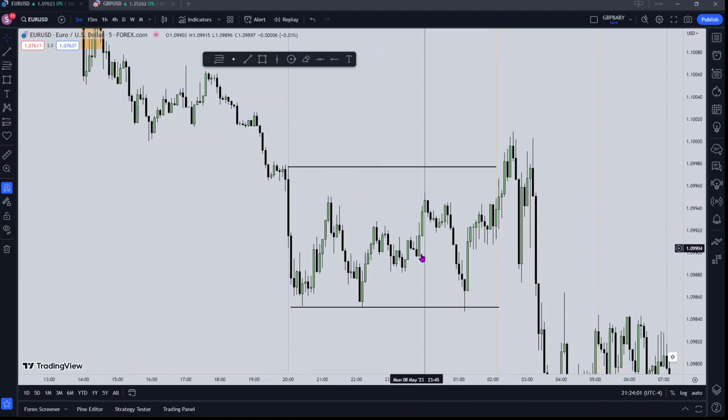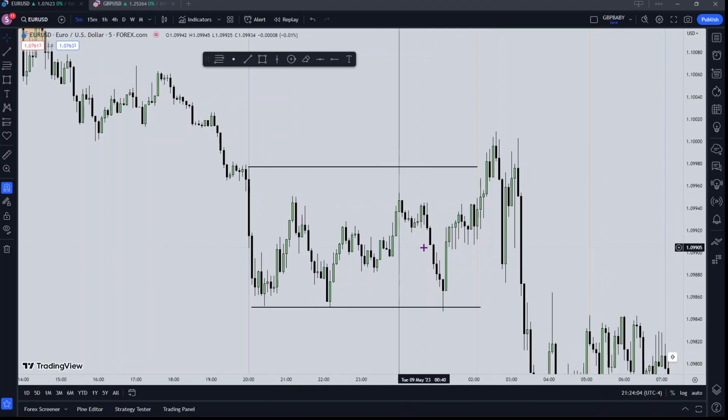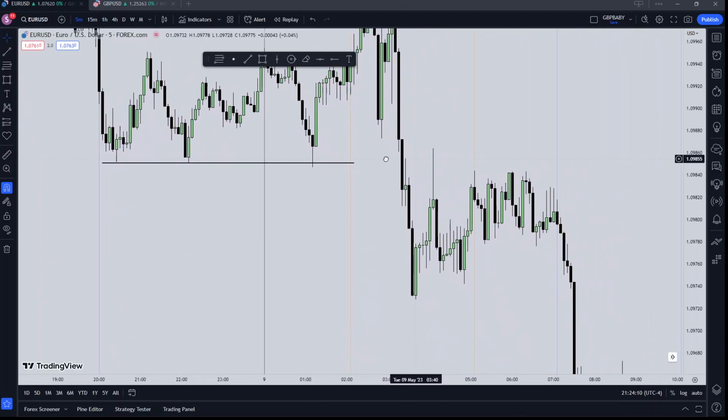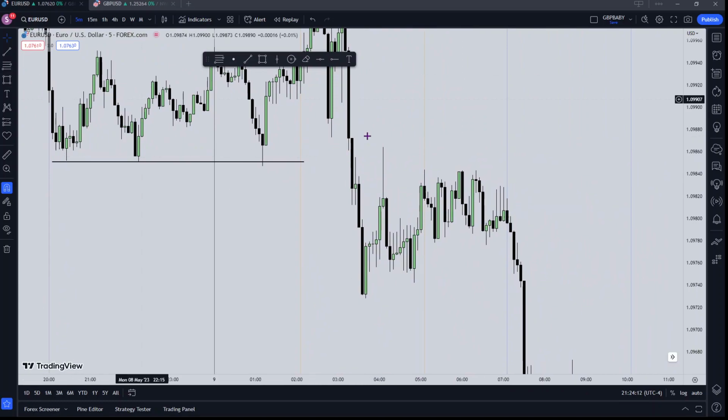This is very consolidated price action. Manipulation. Expansion. Entry here. Beautiful entry there.